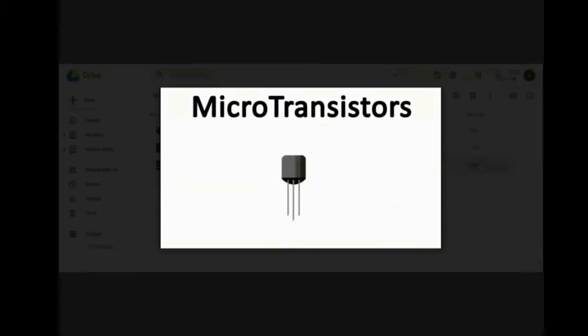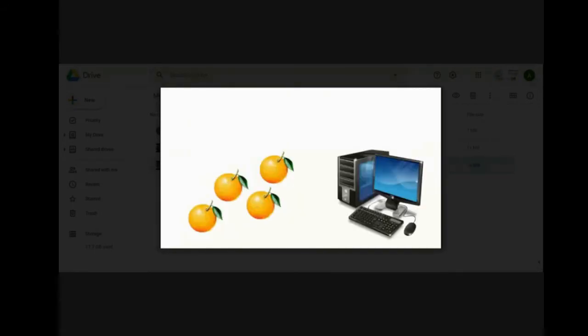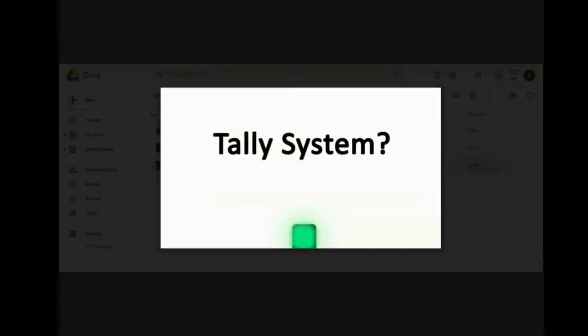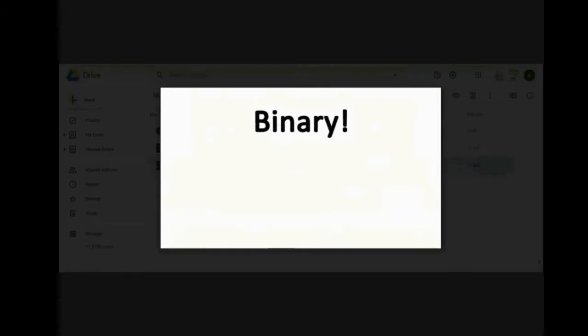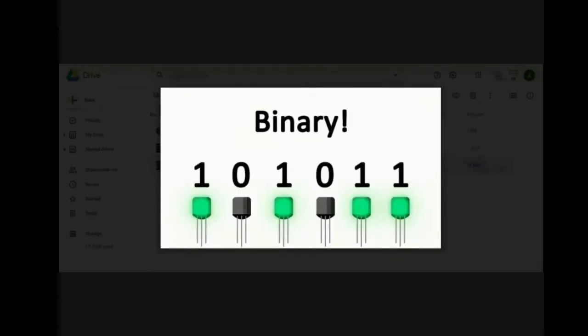Simple, tiny, eensy-beensy little switches that can either be on or off and can be flipped on or off with a very weak electrical charge. The first goal was to get computers to count. And to get them to count by using these switches, we could use the tally system, meaning the number of on switches equals the number of things we have, or we could use the much more efficient system of binary, where each switch represents a digit of binary.